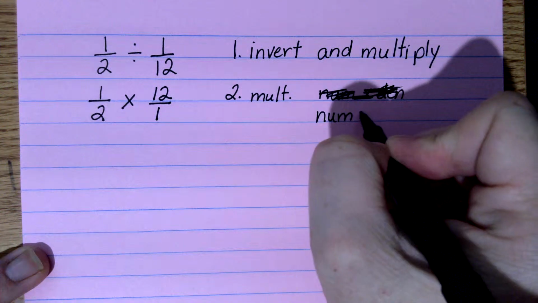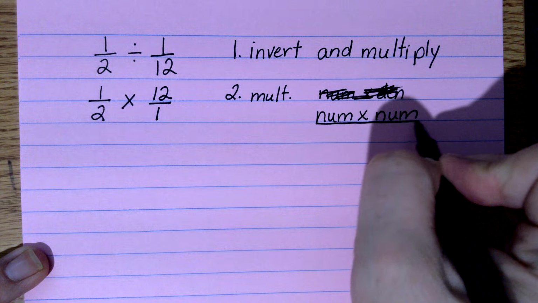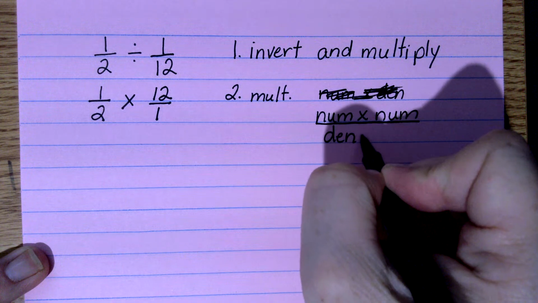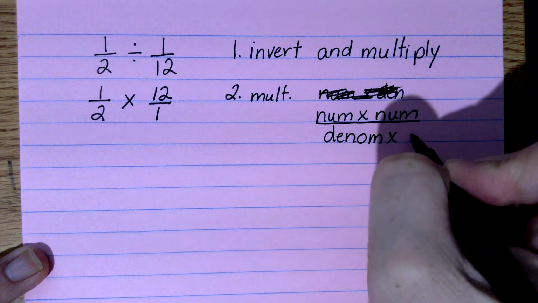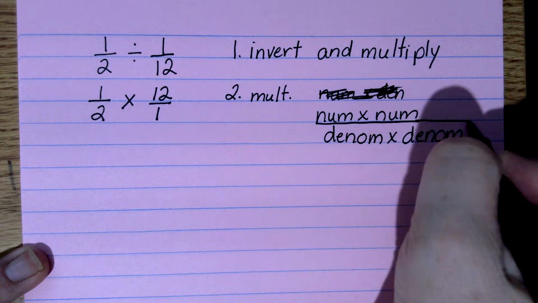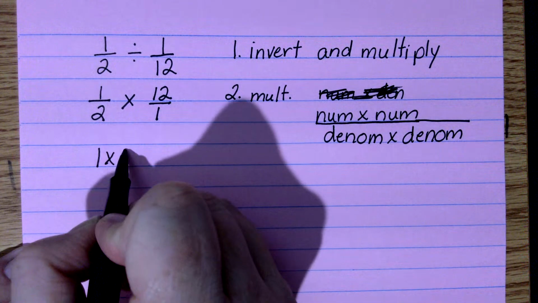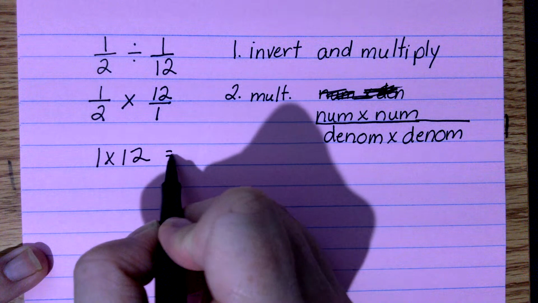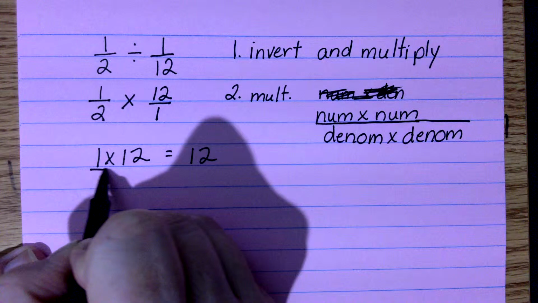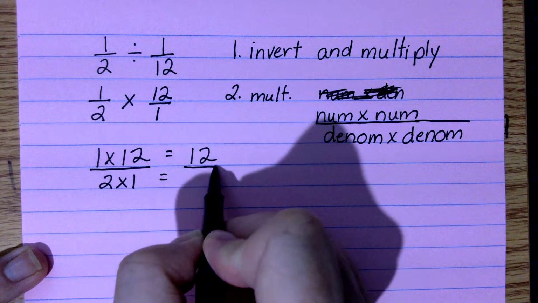Numerator times numerator and denominator times denominator. When we do that, we get 1 times 12 equals 12 over 2 times 1, which equals 2.